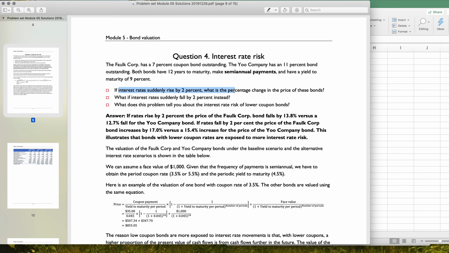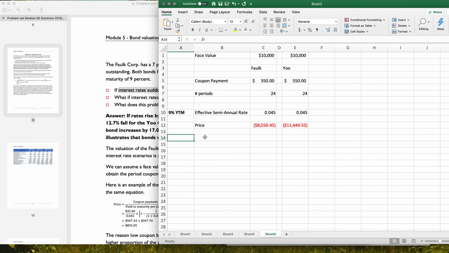If interest rates suddenly rise by 2%, what is the price change in these bonds? So let's just come down here and do 11% yield to maturity. Rather than type it in and have to black it out, I'm just going to do 11% divided by 2.